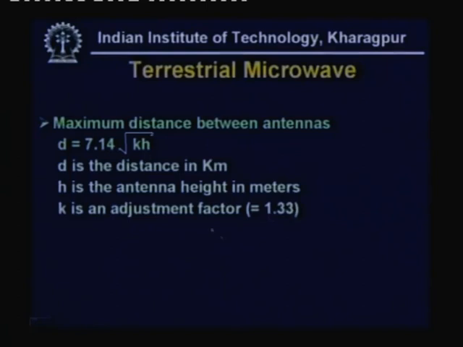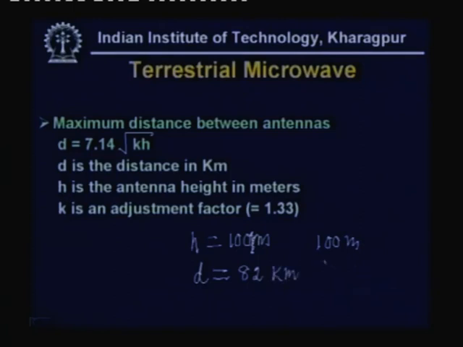Let us assume the antenna height h is equal to 100 meter. If you substitute this here and take k equal to 4/3, we will find the distance is roughly equal to 82 kilometer.